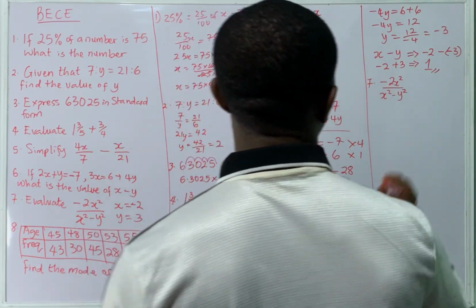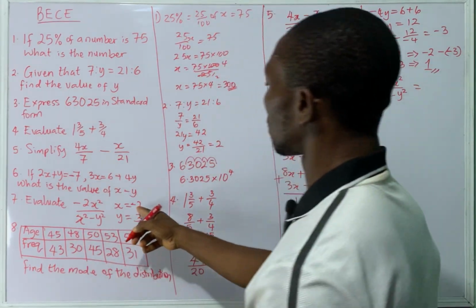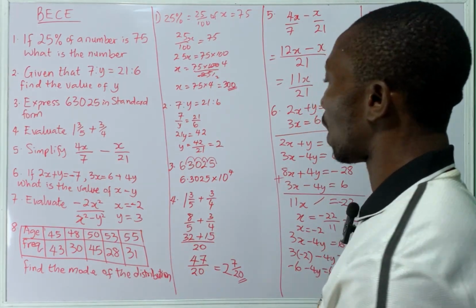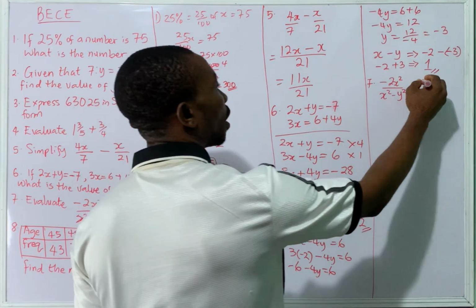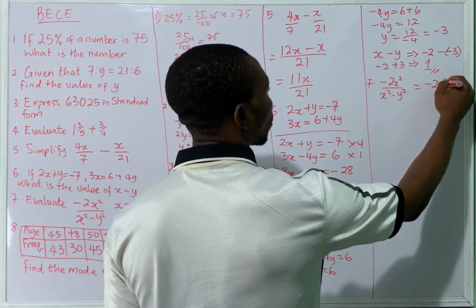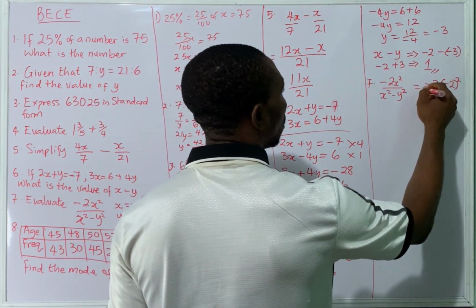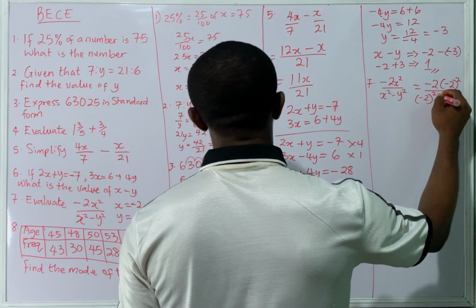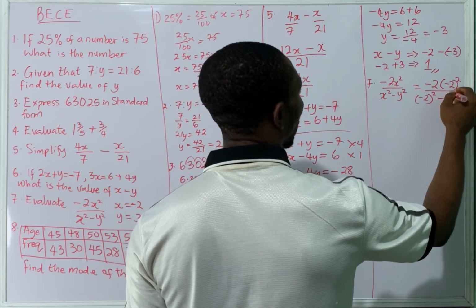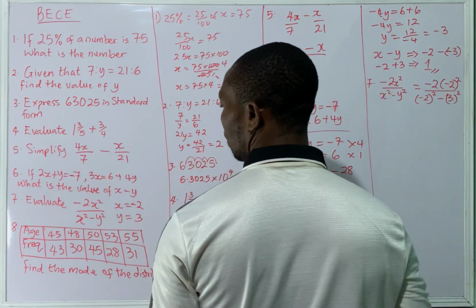Okay, question 7 says evaluate minus 2x squared over x squared minus y squared. Now, we are given the value of x, when x is minus 2 and y is 3. So substituting in our question here, we have minus 2 bracket minus 2 squared over minus 2 squared minus 3 squared.